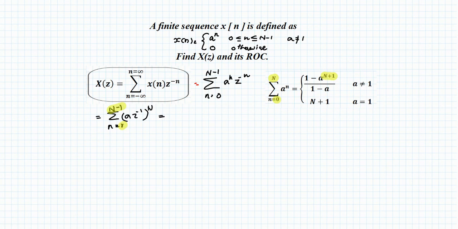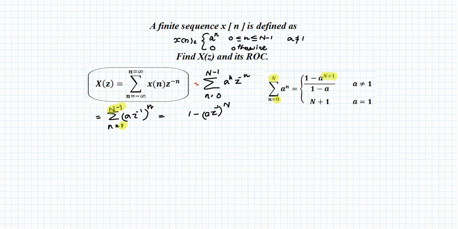It's 1 minus, and one more thing, in place of a, here a is raised to minus 1. So this is the common term. This is not capital N, this is small n. And here a is raised to minus 1, and all raised to n, because if it is 0 to n, you need to write n plus 1.